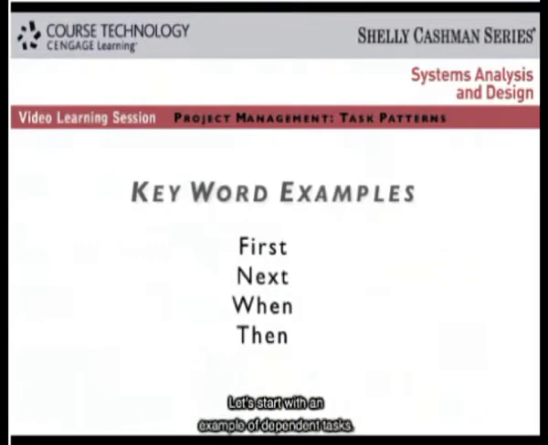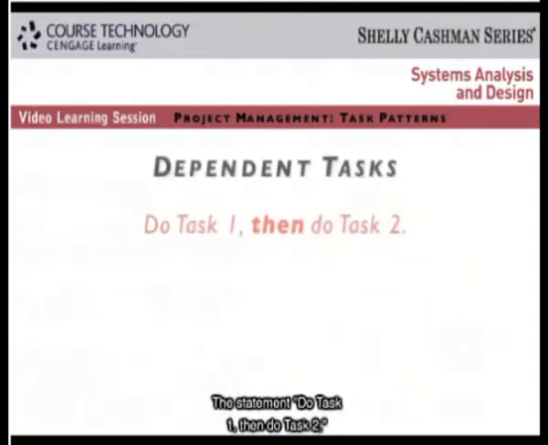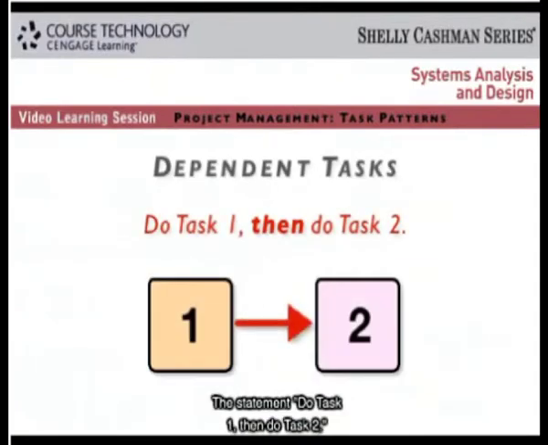Let's start with an example of dependent tasks. The statement do task 1, then do task 2 describes dependent tasks that must be completed one after the other, like a relay race.